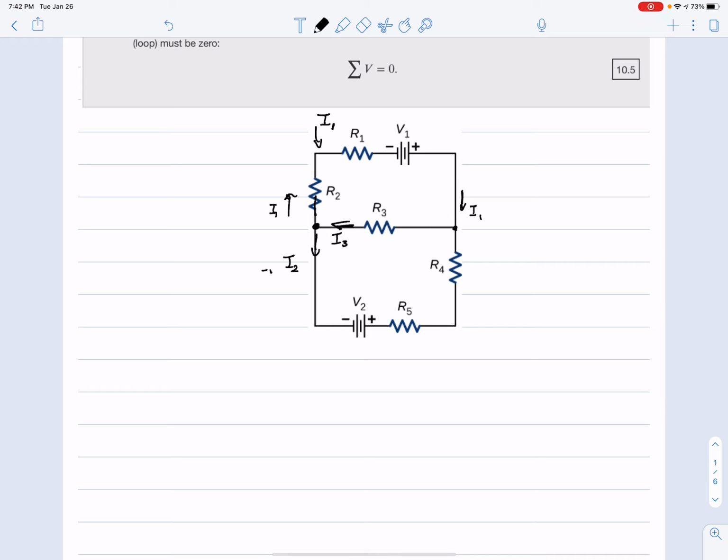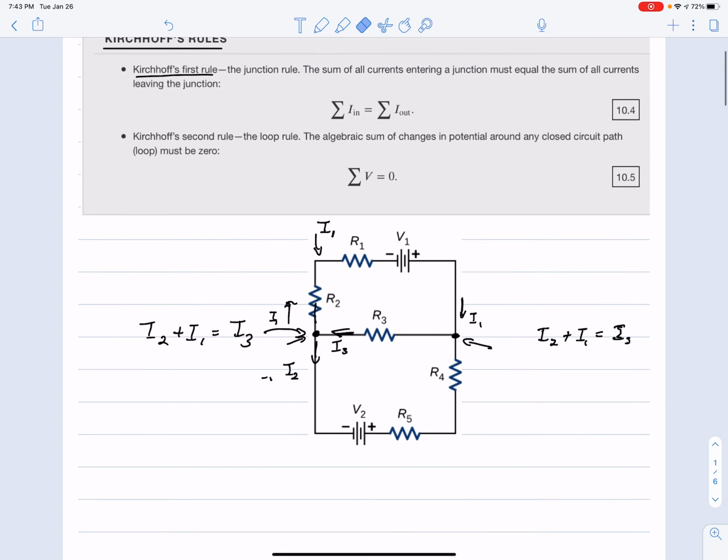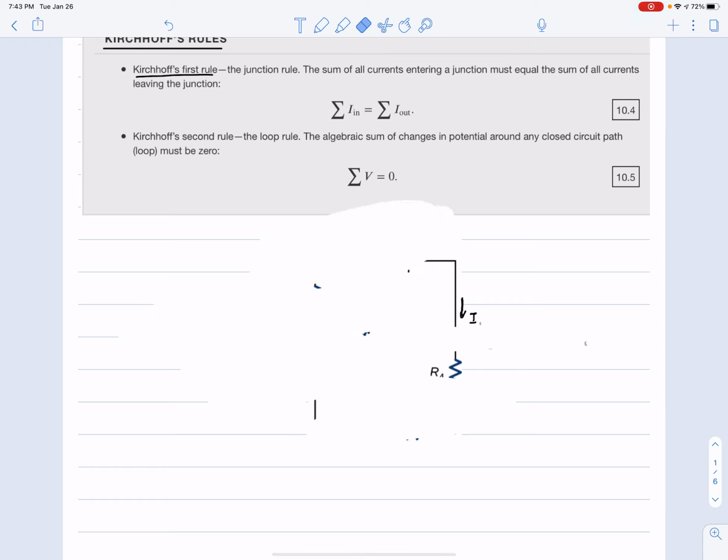So in any junction, these two have to equal each other in one way or another. The currents have to meet again. Right here. Okay? All right, so that is rule number 1. And that will help us with the actual understanding of Kirchhoff's loops as well.